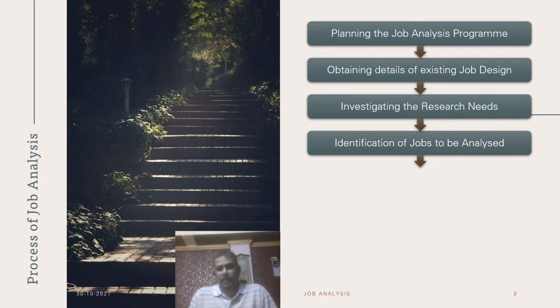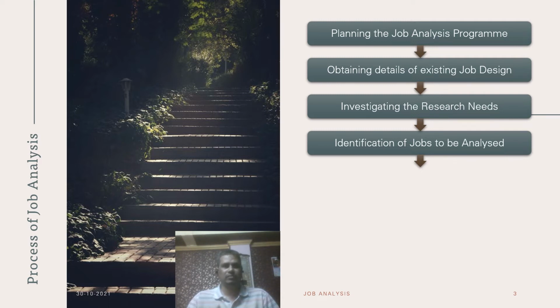Identification of jobs is the second stage. Obtaining details of existing job design is not about only one job. Sometimes you may have a total job design in hand, but when you investigate the requirements of different people and look into the different tasks to be identified, you may find that a job design is not related to only one job.